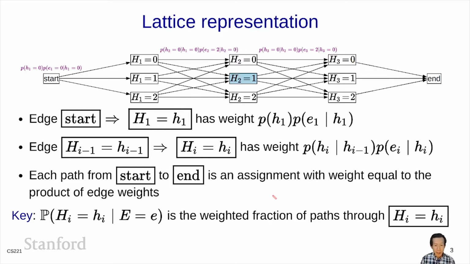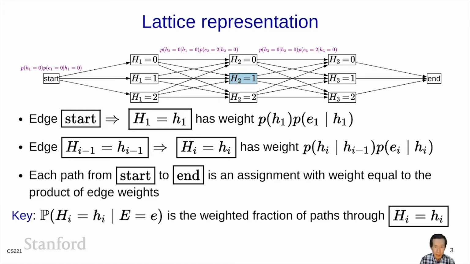Now the key part is that smoothing queries, such as the probability of hi given e equals e, are simply the weighted fraction of paths through hi equals h. For example, if I'm interested in the probability of h2 equals 1 conditioned on evidence, what I'm really asking in the context of this lattice is: what is the fraction of paths that pass through this node compared to all paths?